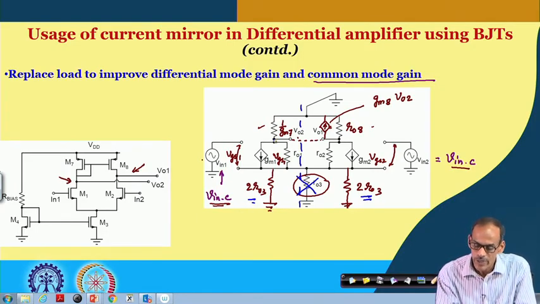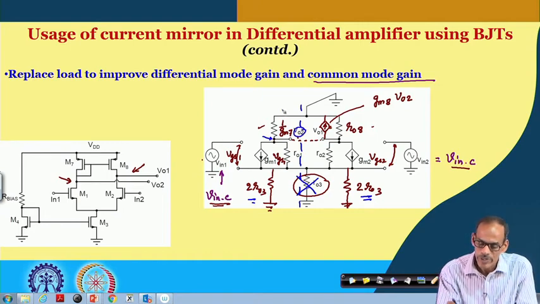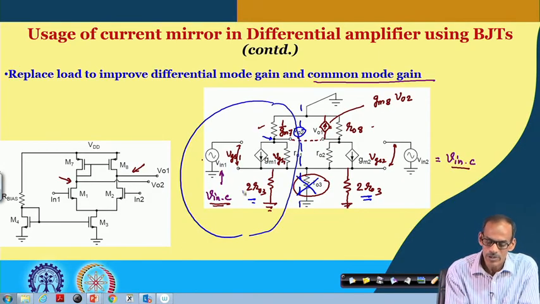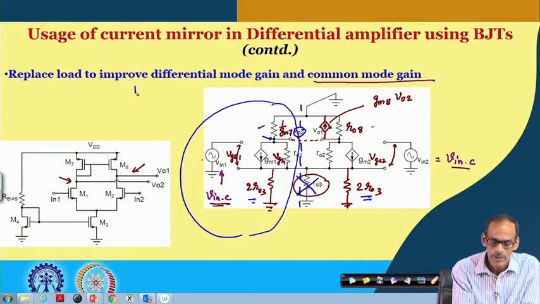And then to find the voltage at this node VO2, we can simply analyze this part, and if we analyze this circuit, it becomes like a common source amplifier, where the load is diode connected. So, the circuit becomes like this.